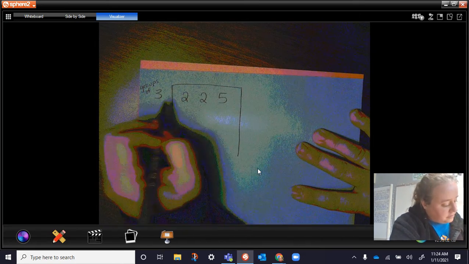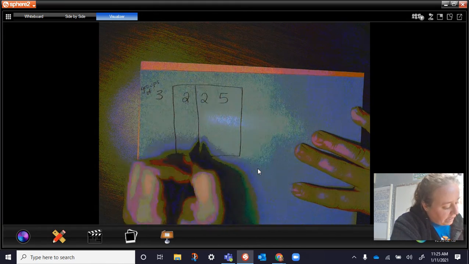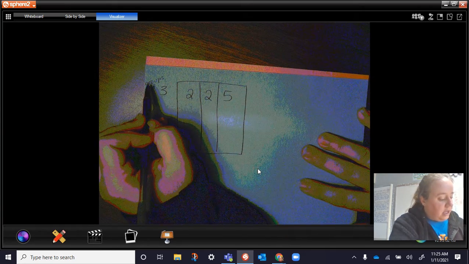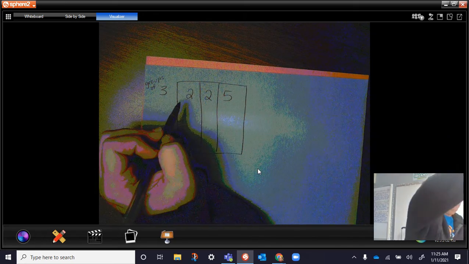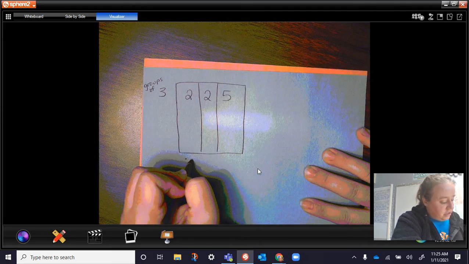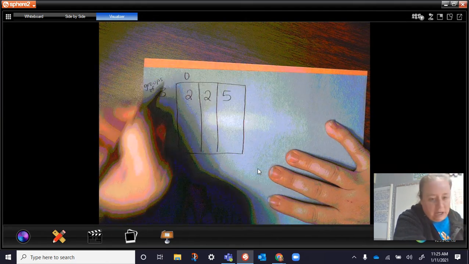So we made our boxes, separate each of those out, and we're asking ourselves how many times does 3 go into 2? So how many groups, if we have 2, how many groups of 3 can I make? Well, if I only have 2 of something, I can't make any groups of 3. So that's 0. So we put that on top.